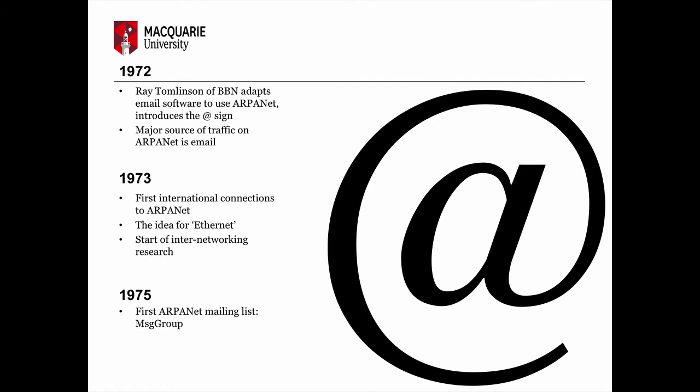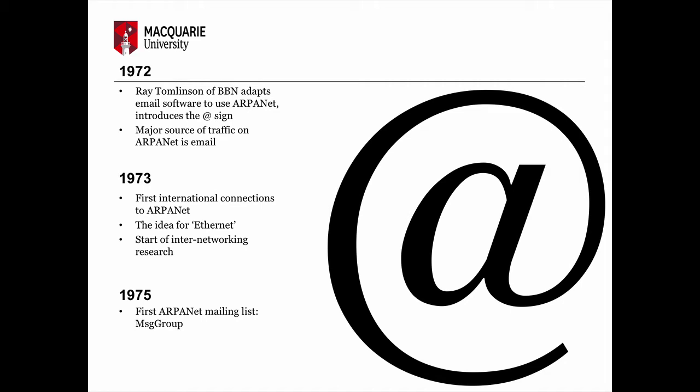Fast forward just a little bit to 1972, and again, electronic mail between these sites is the biggest user of bandwidth. And they're developing mail systems, ways to exchange emails with each other. Because of course there weren't any ways of doing that in the past, so they were inventing the protocols for doing so.